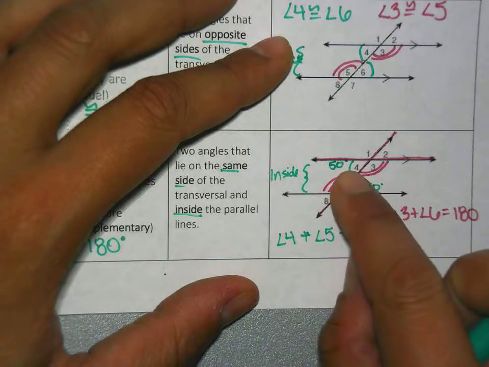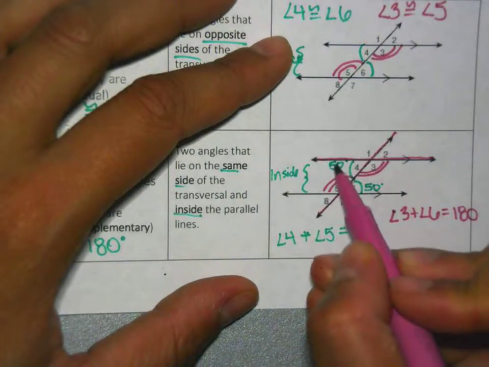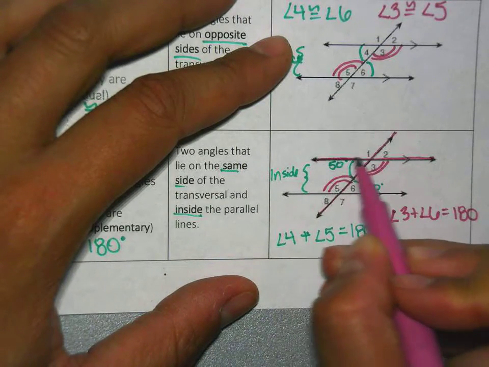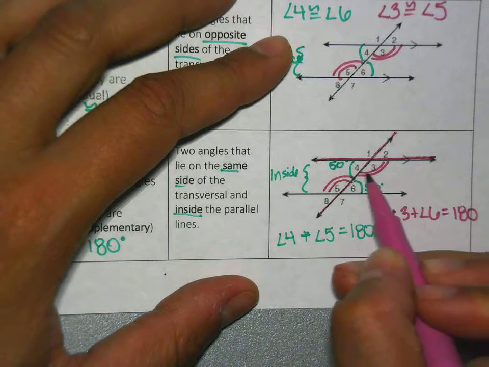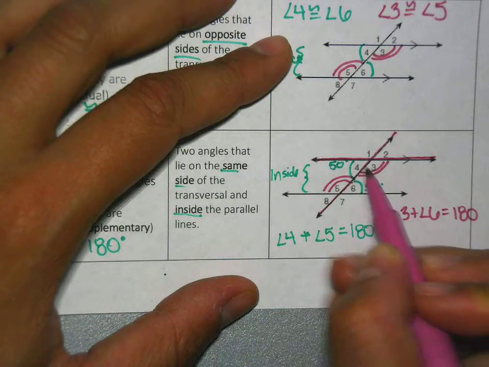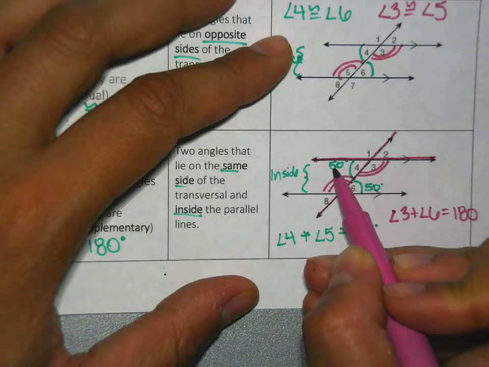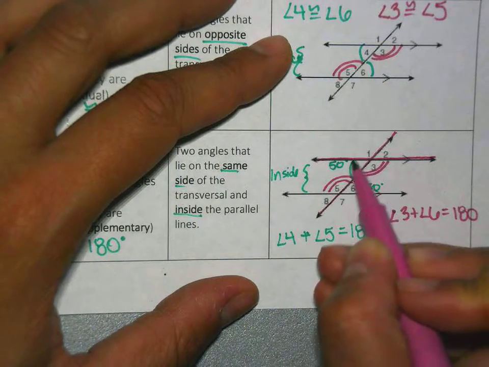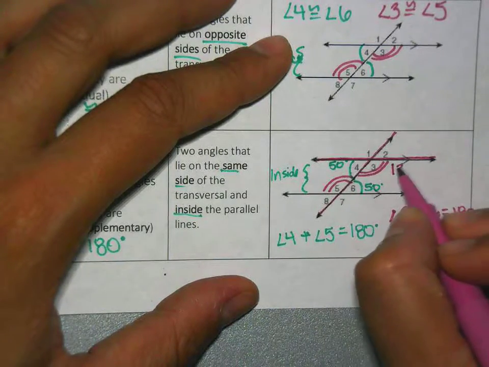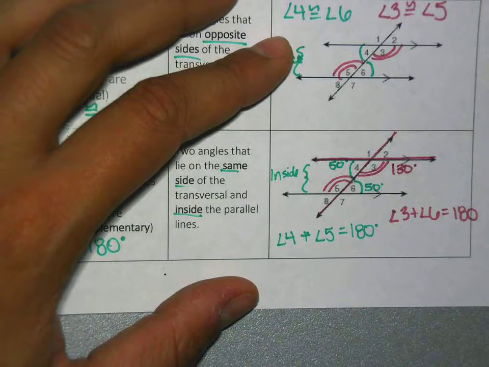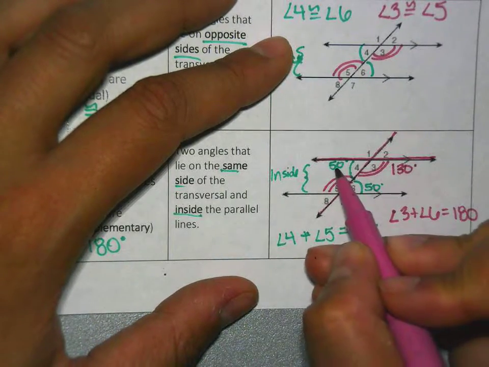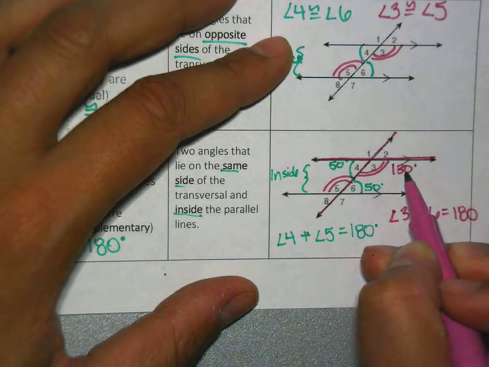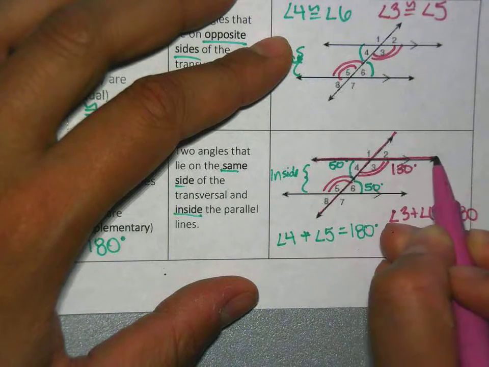If angle 4 is 50 degrees and angle 3 lies on the same line, then angle 3 has to be 180 minus 50, or the difference of 180 degrees take away 50, which leaves us with 130 degrees. 50 plus 130 equals 180.